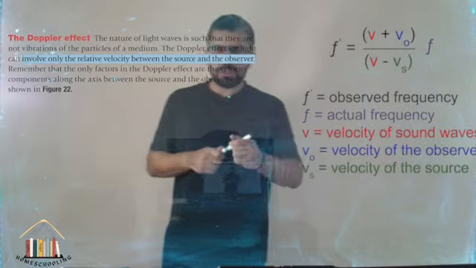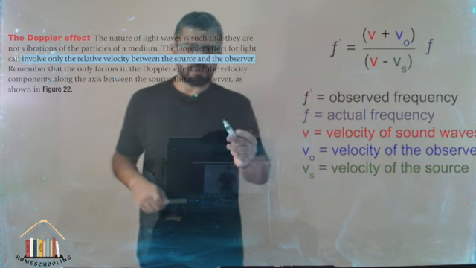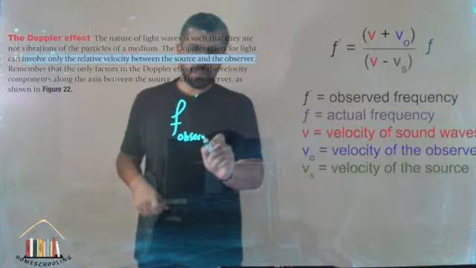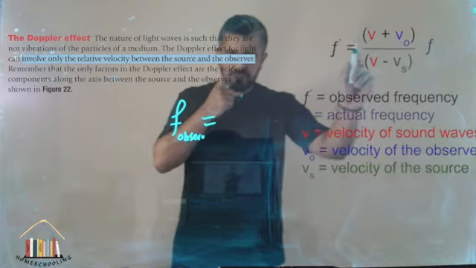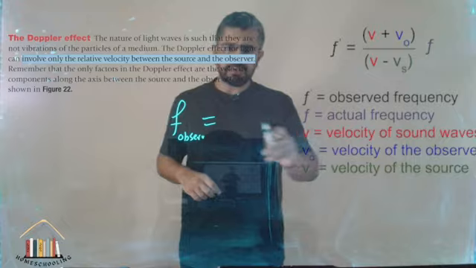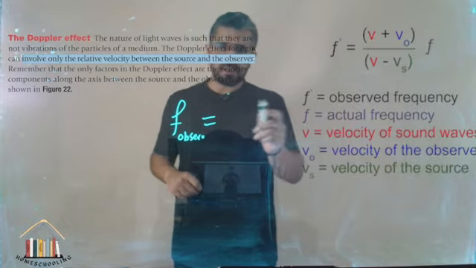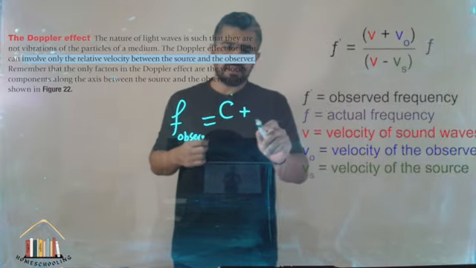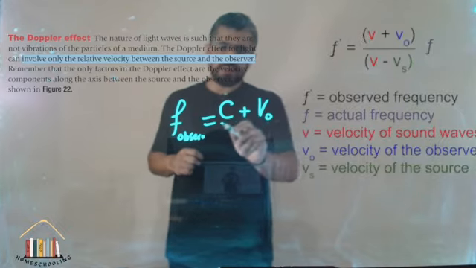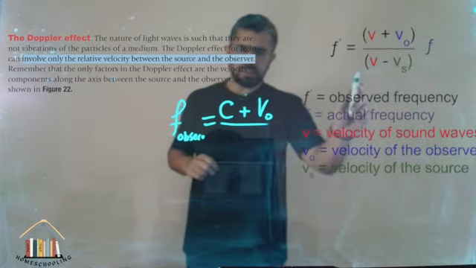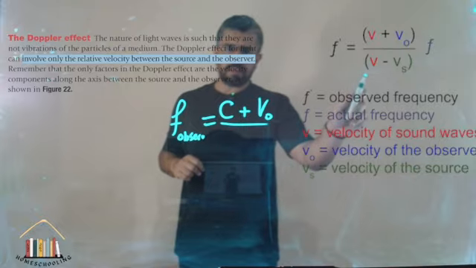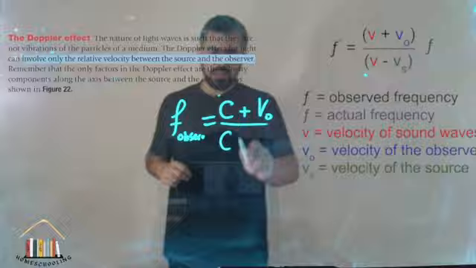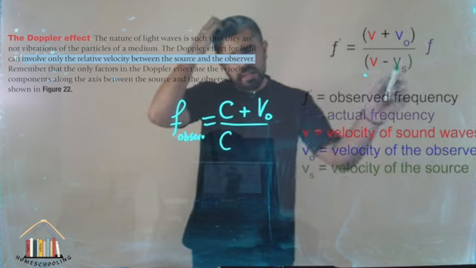Let's convert this equation. f observer is equal to the velocity: it's not the velocity of the sound now, it's the speed of light, which is c, plus the velocity of the observer, divided by, again, the velocity of the light, minus the velocity of the source.